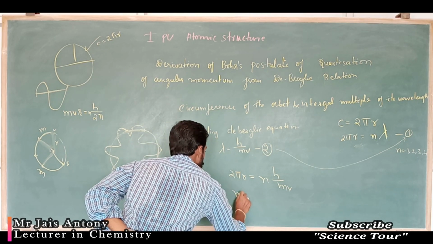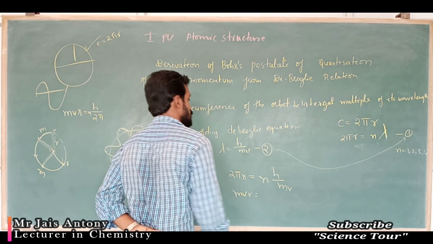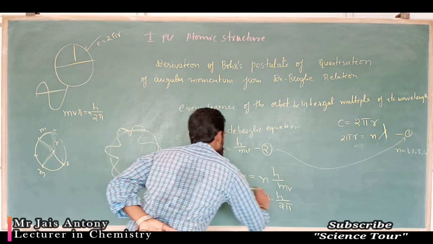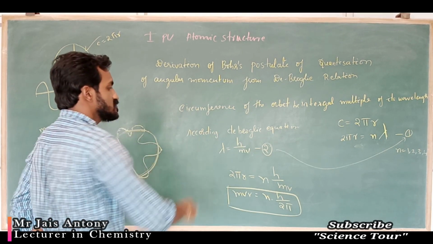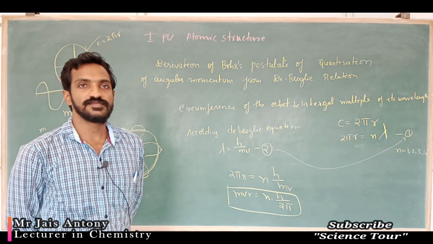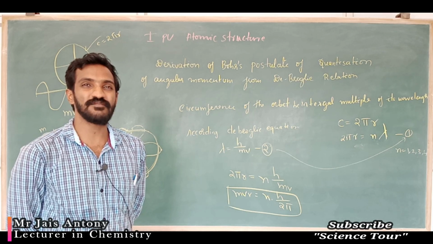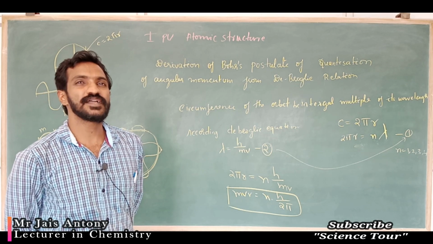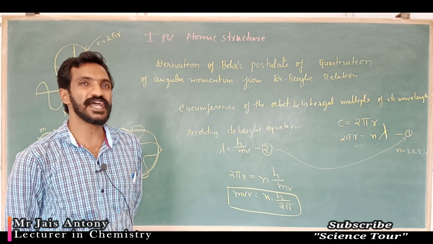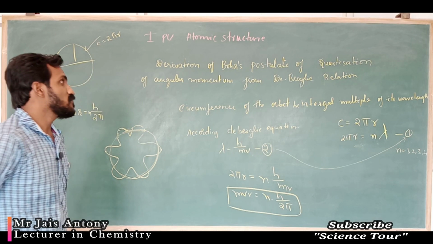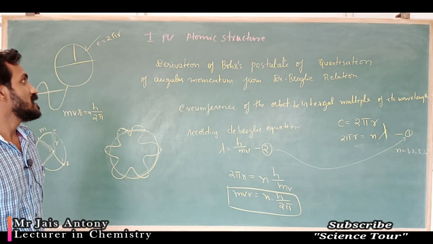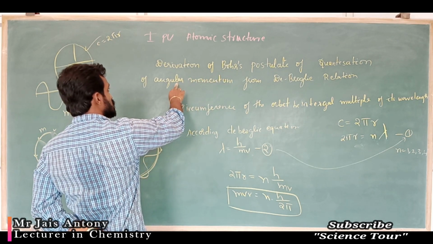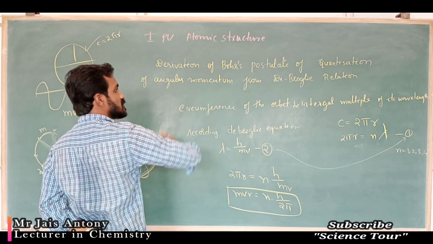I will get mvr is equal to n into h by 2 pi. Which equation is it? This equation is nothing but angular momentum is equal to n into h by 2 pi. Angular momentum is quantized. So here is the derivation of Bohr's postulate of quantization of angular momentum from the de Broglie relation.